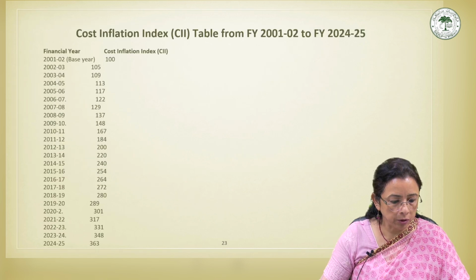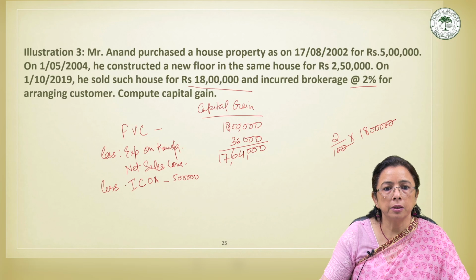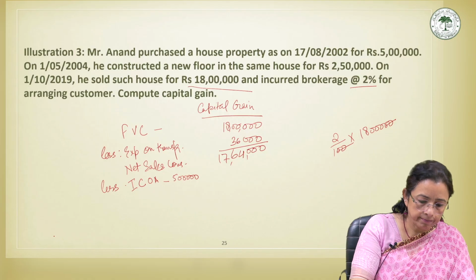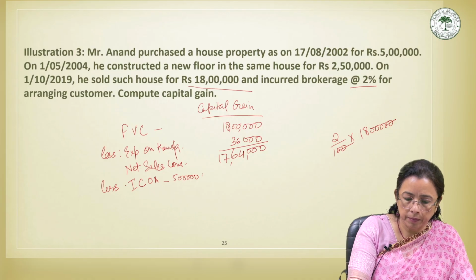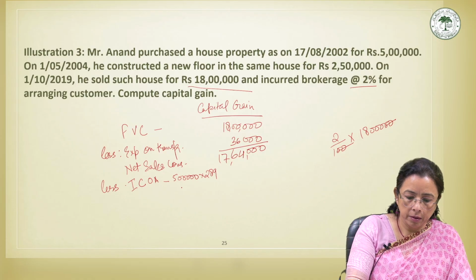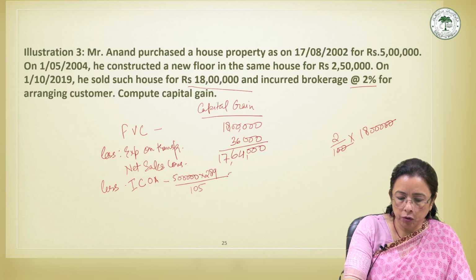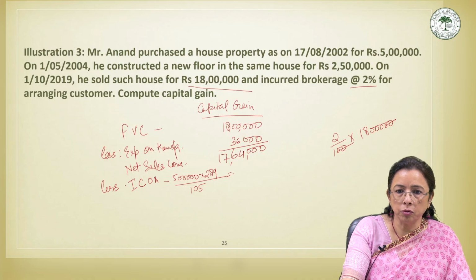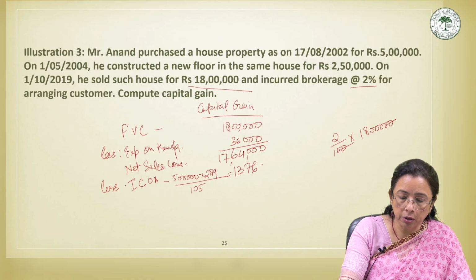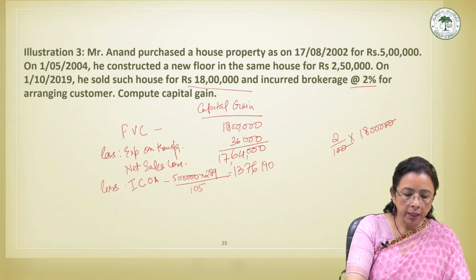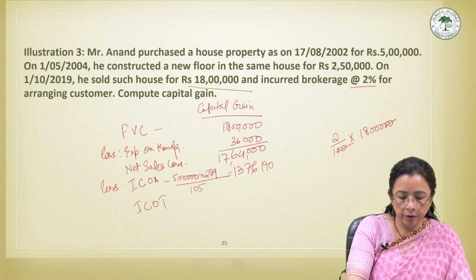Let us move back to the table. 2002 is 105 and 2019 is 289. So 5 lakh into 289 divided by 105 comes to 13 lakh 76,190.